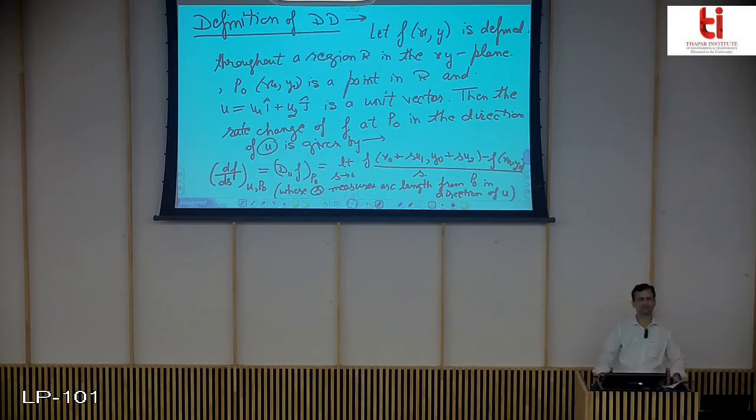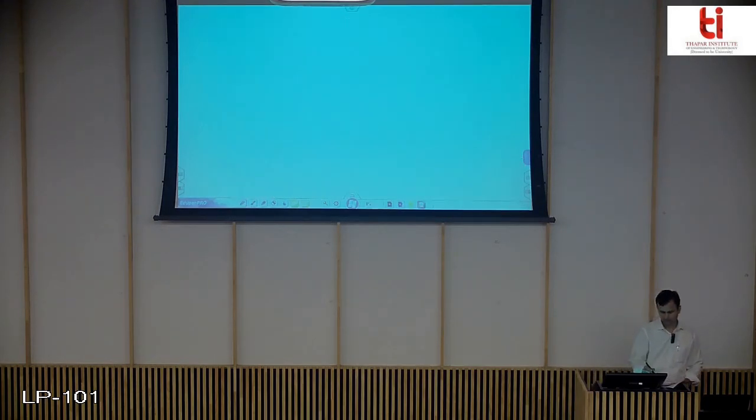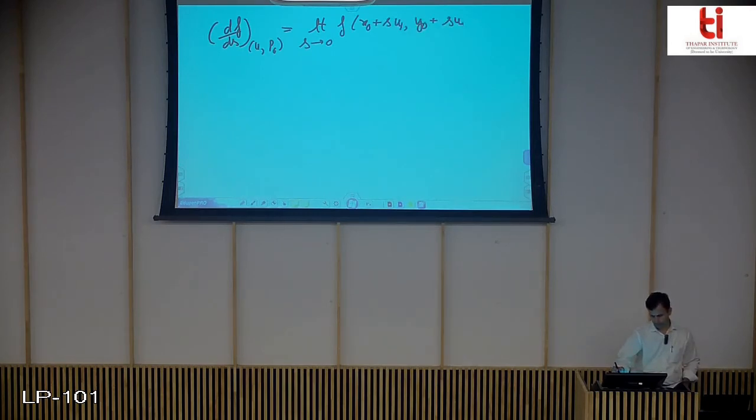Yes, s is basically a parameter that measures the arc length from point P naught in the direction of u. So this is the formula. Let me write it here properly. df/ds in the direction of u at point P naught is the limit as s tends to 0 of [f(x naught plus s u1, y naught plus s u2) minus f(x naught, y naught)] upon s. Yes, I could add this also, provided the limit exists.